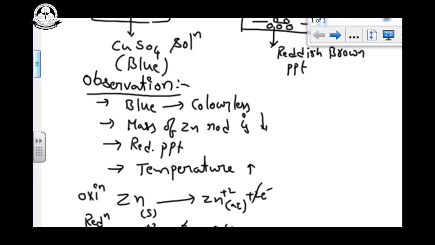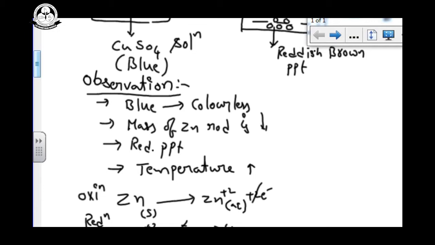Here I am showing the entire cell in a one-cell arrangement. Actually, see how the galvanic cell is. In our academic textbook also there will be a copper zinc electrode only. So we have to observe which is the anode and which is the cathode, which electrode acts as anode and which acts as cathode.